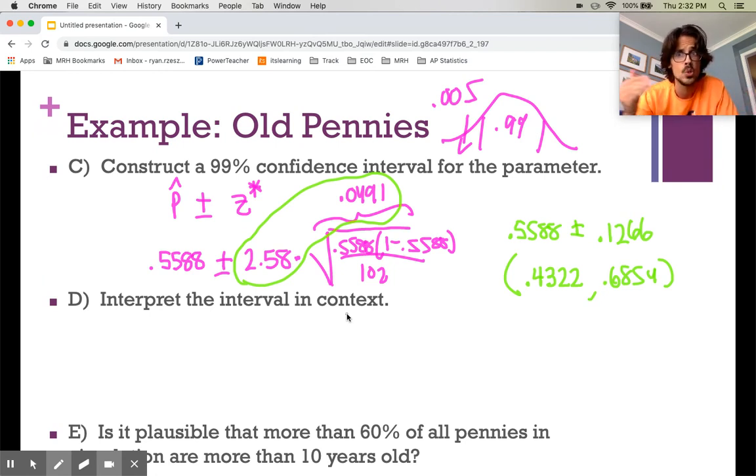If we wanted to trim that down, we have two options. One option is to raise the sample size, so take more than 102 pennies. The other option, that's a 99% interval, I could go with a 95 or a 90 or something like that. So I'm going to pause, write the answer up there for you, and come back with a few other comments about that 95 and 90.